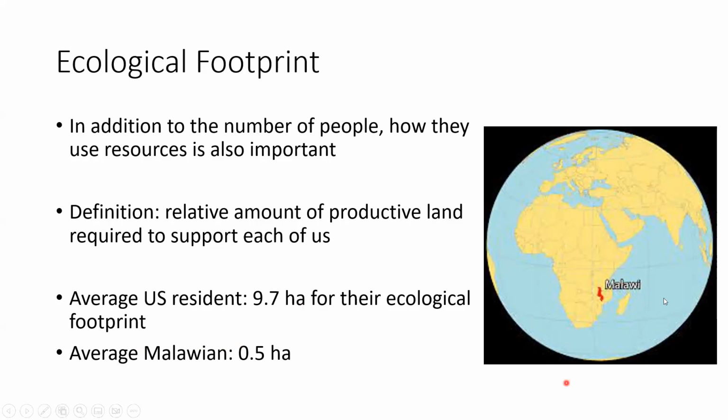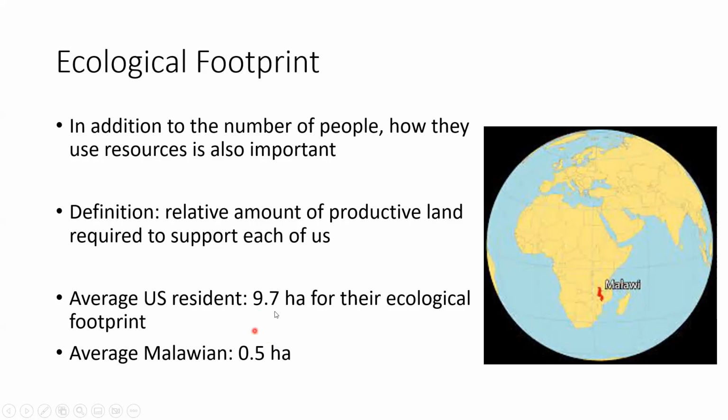Whereas in Malawi, so if you're not familiar with where that is, in eastern, sort of southeastern Africa, the average resident uses half a hectare or would need half a hectare to support the way that they live, the amount of resources that they use.